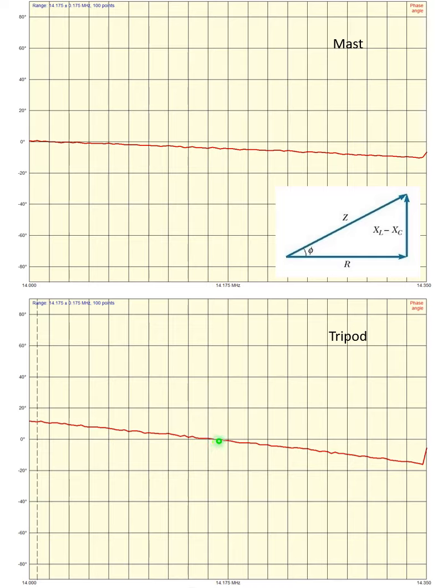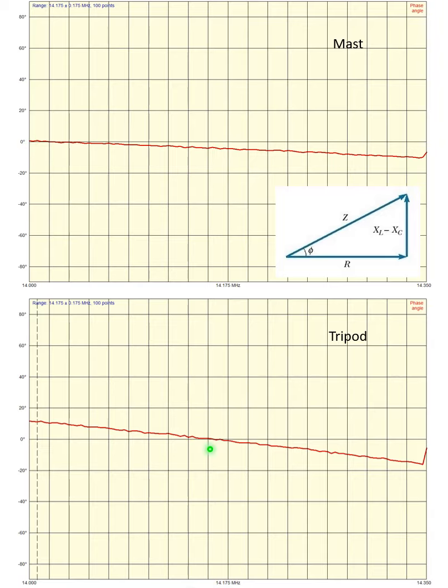This is the resonant frequency for the same antenna when it's mounted on the tripod. The interesting thing to note is that the resonant frequency is right about here, and yet on the same antenna elevated higher, the resonant frequency is here, so it's a lower frequency.